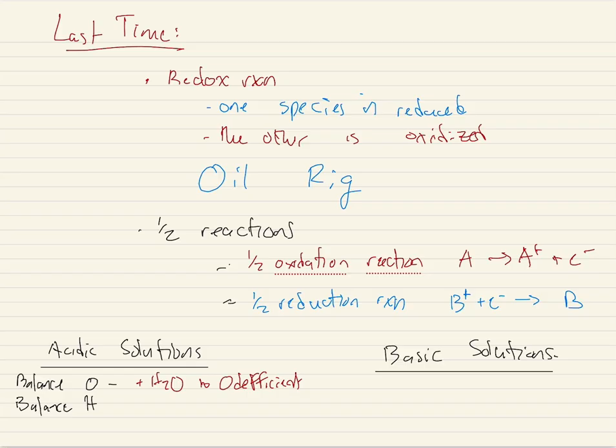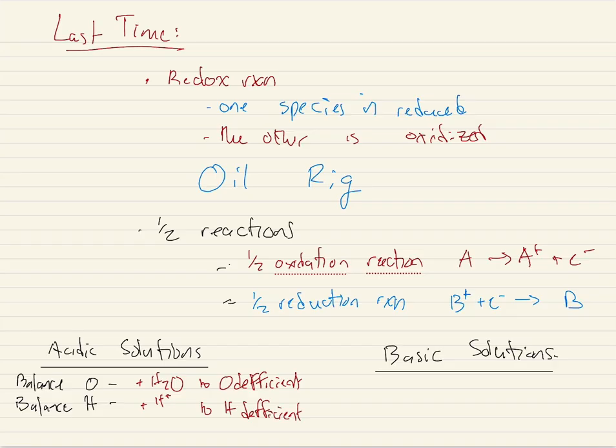And then we balanced hydrogen after, right? And how did we balance hydrogen in acidic systems? You add H plus. Yeah, you just add hydrogen ions, right? Because acidic solutions have free protons to get rid of, right? So we just add H plus to the H deficient side.